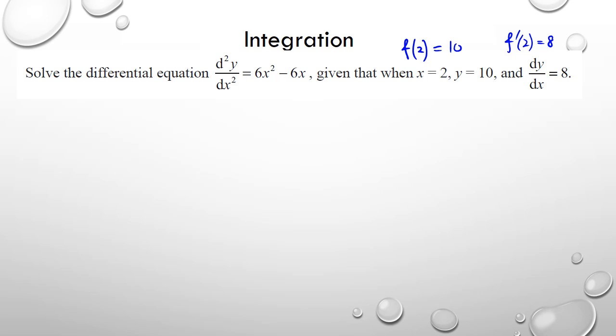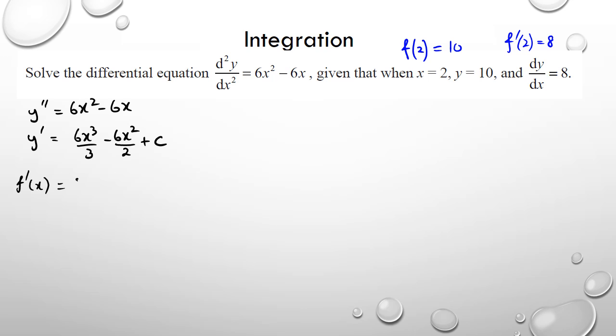From here, I have y double dash equals 6x squared minus 6x. So y dash is equal to 6x cubed over 3 minus 6x squared over 2 plus c. This basically means I've got f dash of x equals 2x cubed minus 3x squared plus c.